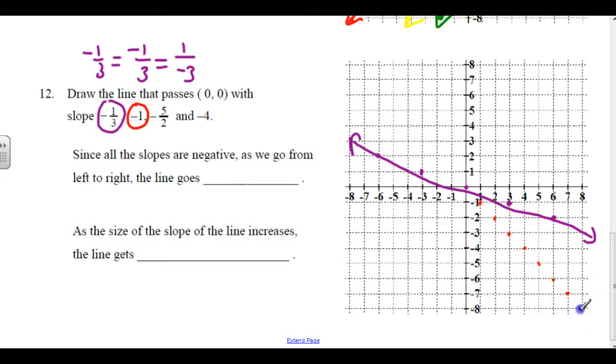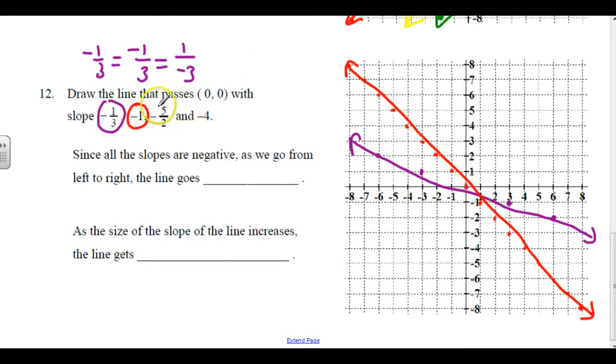And from 0, 0, go up 1 and left 1. So up being a positive direction and left being negative. We need one positive, one negative if we have a negative slope.